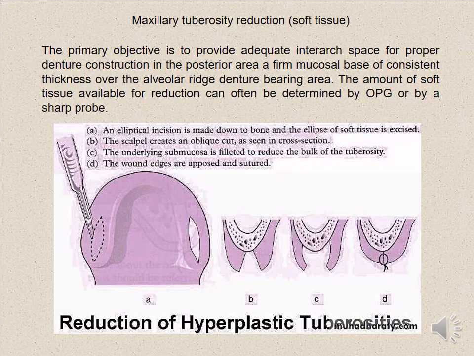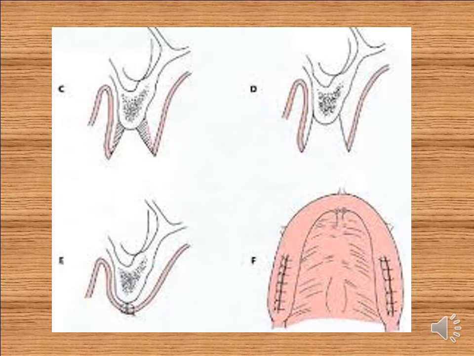The wound edges are opposed and sutured, and after 7 days you can remove the suture. This figure shows the technique used for soft tissue reduction of the maxillary tuberosity, and this is a clinical figure for reducing soft tissue enlargement of the tuberosity.